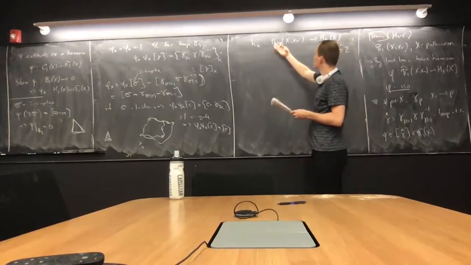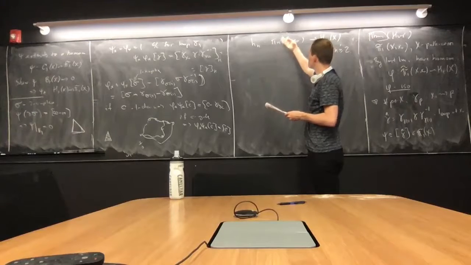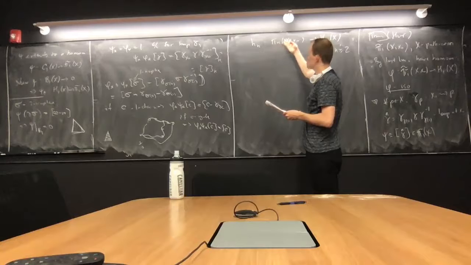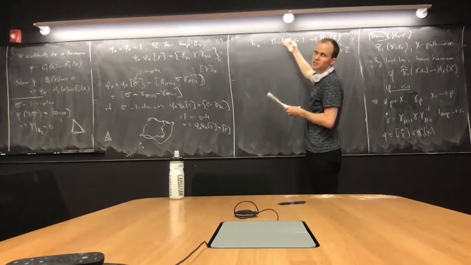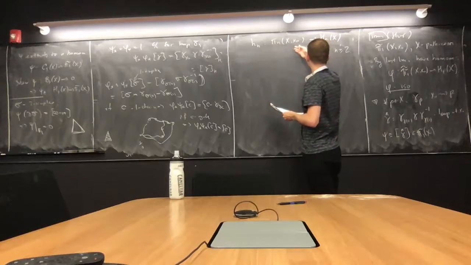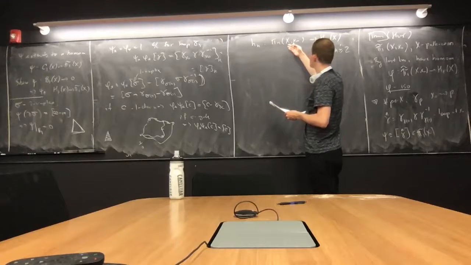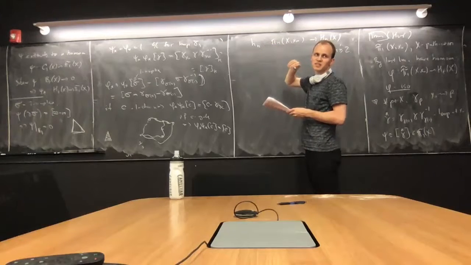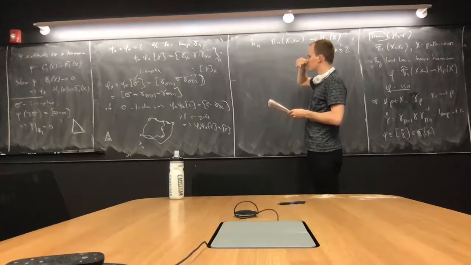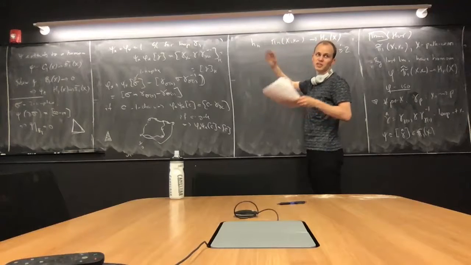By just, phi n is a map from the sphere S^n into X. That's basically an n chain, because you can triangulate the sphere.